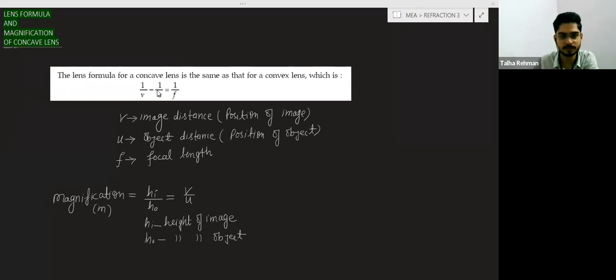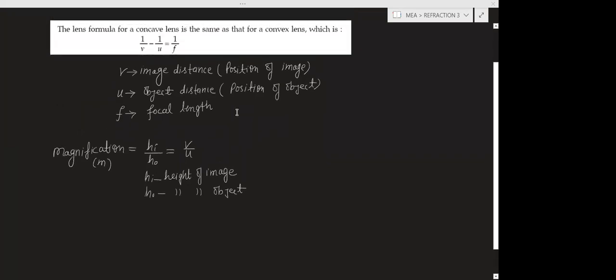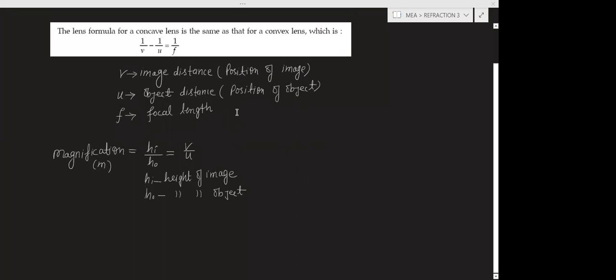Remember this formula and this also. Okay. Written, Martin? Yeah, done, sir. You are writing. No, no, I'm done.